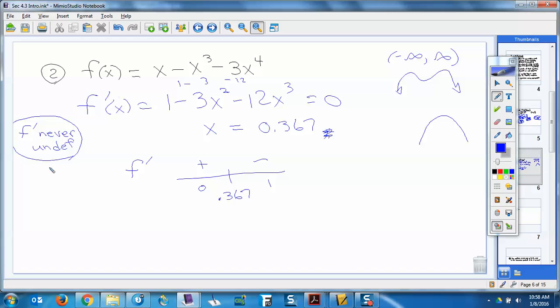So here's what you would put then as your answer. Now, let's say the directions were find any global max or min value. Well, you would say no minimum. Okay? What would you say for the max? Would you say 0.367?